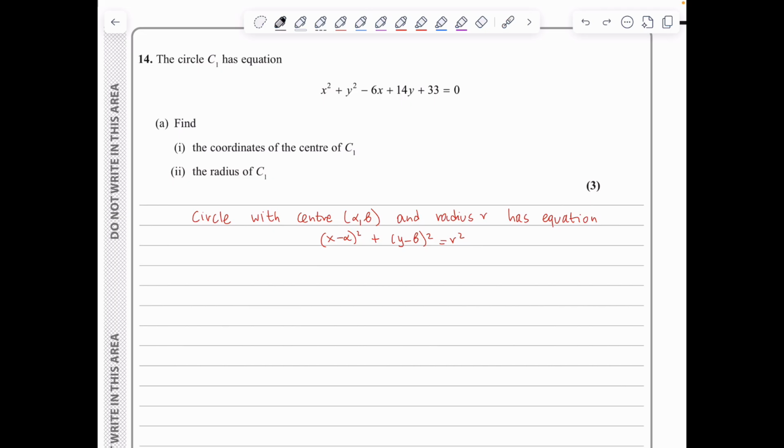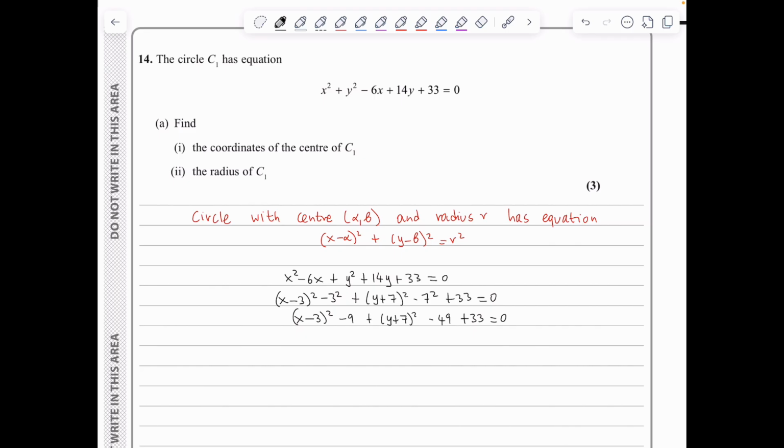So first of all, we're looking at x squared minus 6x plus y squared plus 14y plus 33 is equal to 0. So we've got x minus 3 squared minus 3 squared plus y plus 7 squared minus 7 squared plus 33 is equal to 0. So we're looking at x minus 3 squared minus 9 plus y plus 7 squared minus 49 plus 33 is equal to 0.